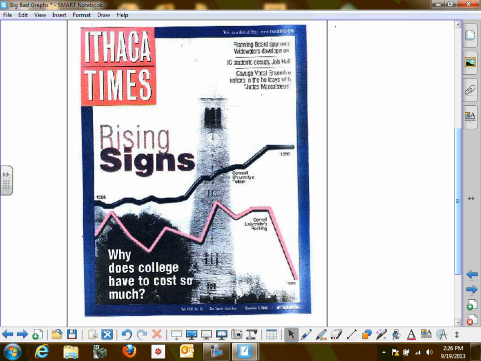The idea behind the article is that on top of the Cornell University tower, they have this graph, which is the cost of tuition at Cornell, and it's obviously rising. And then underneath it is this graph down here, which is rank. So the implication is that your education is getting worse as the cost is going up. Okay, so let's look closer.